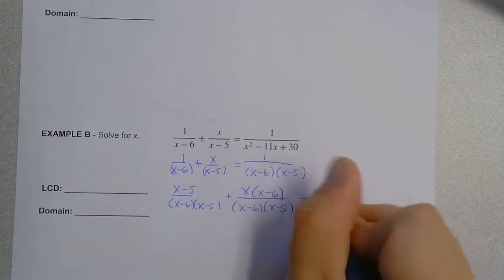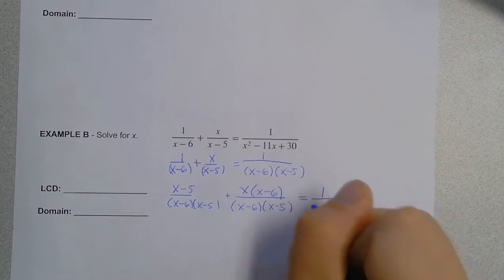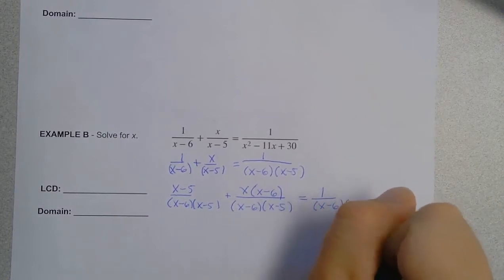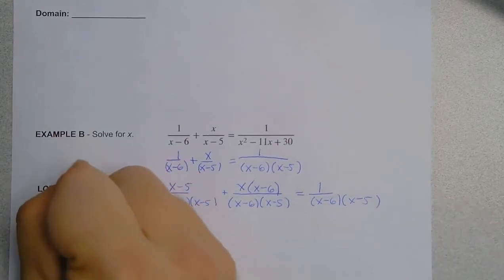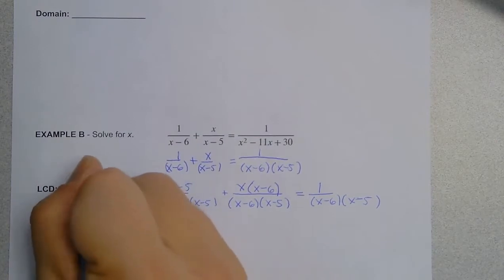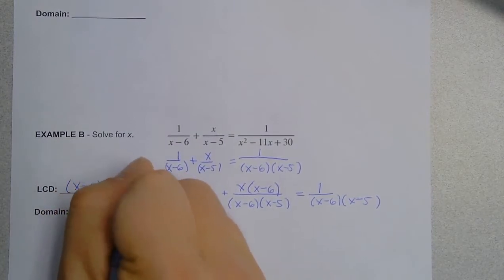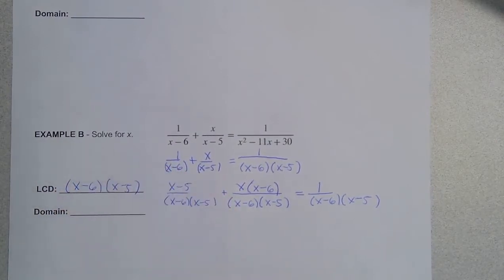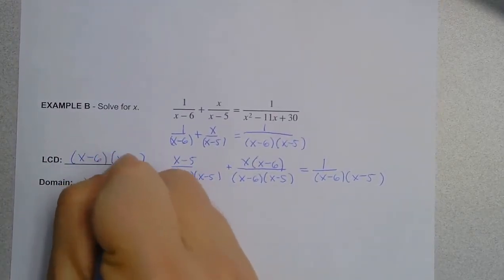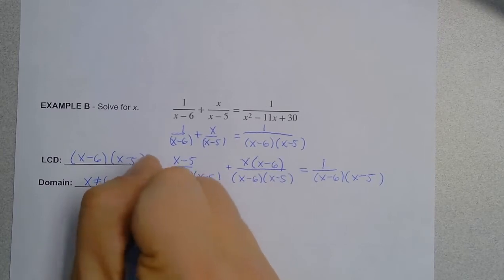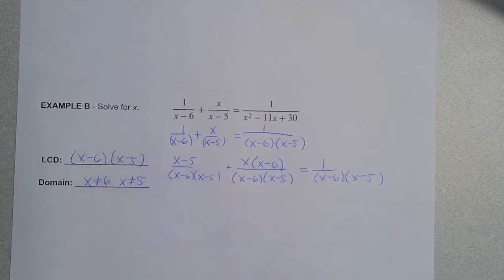And then that's going to equal 1 over x minus 6 times x minus 5. So my least common denominator here is going to be x minus 6 times x minus 5. And my domain, x is not equal to 6, and x is not equal to 5.